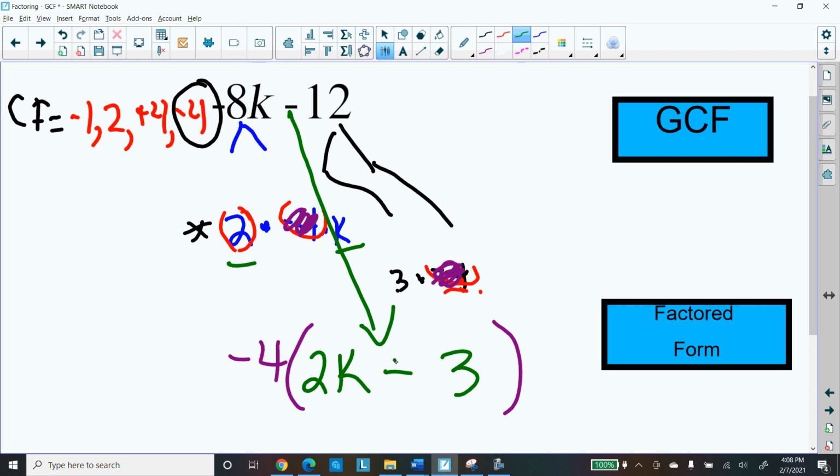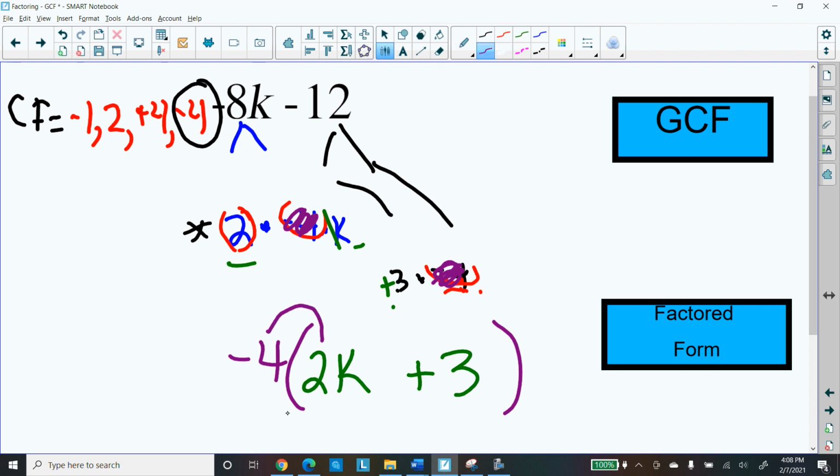So I'm not going to bring this minus down. So I'm going to make this positive 3. There we go. All right, so tiring.